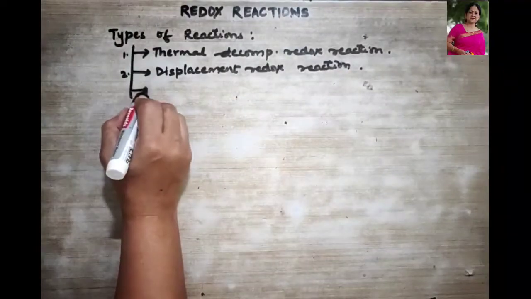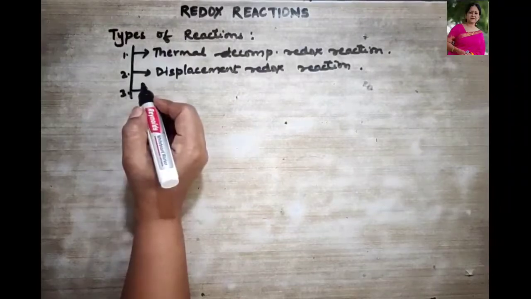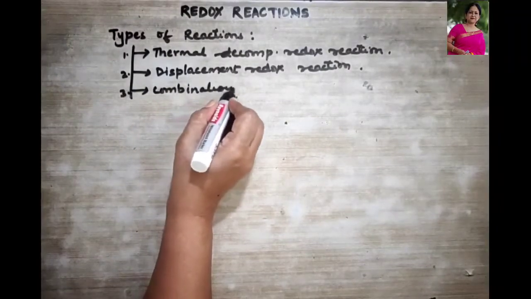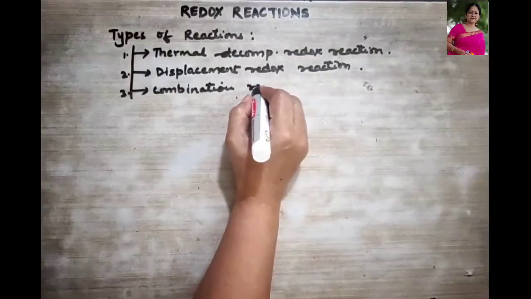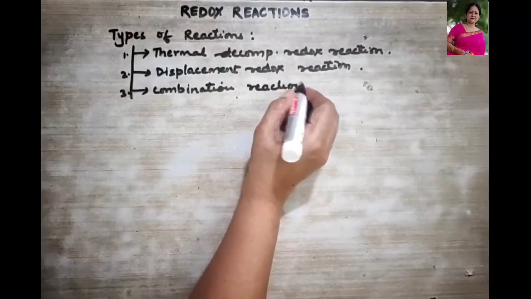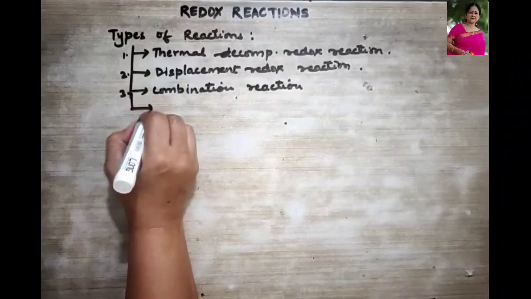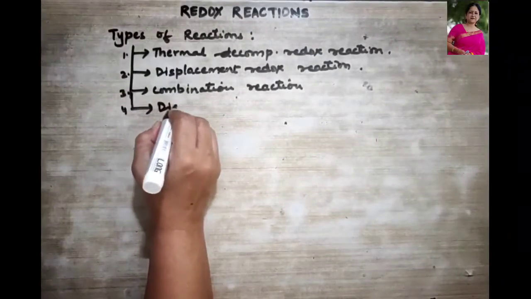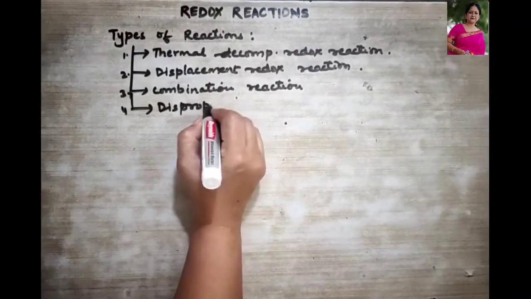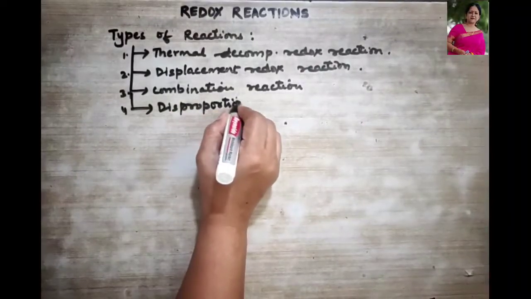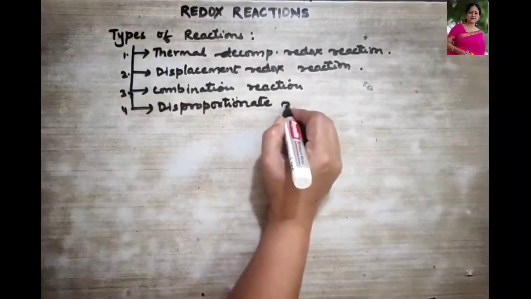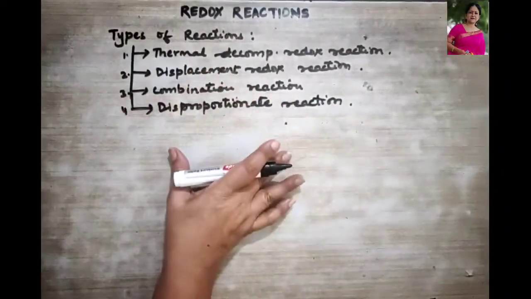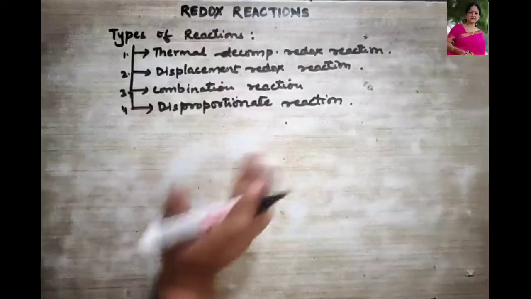Then third is combination reaction, and the fourth type of reaction is disproportionate redox reaction. So these are the different types of reactions that we are going to study today.